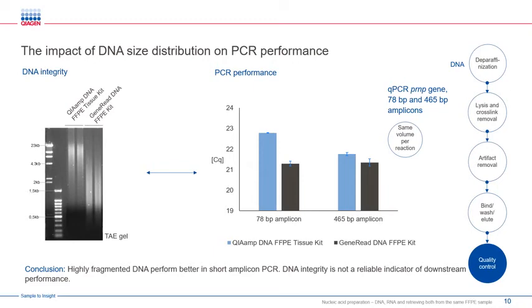And so that is true for qPCR, that the integrity is not really a main indicator, in part because short DNA often performs better in qPCR, and also because the physical length of the DNA does not reflect to what degree the crosslinks are actually reversed.